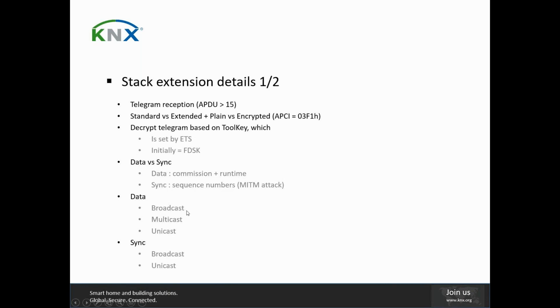So first of all, there's broadcast, multicast, and unicast. In synchronization, we actually have the same, except we will never see the multicast subtype here. So only broadcast and unicast. So unless you interrupt me, I'll just continue.